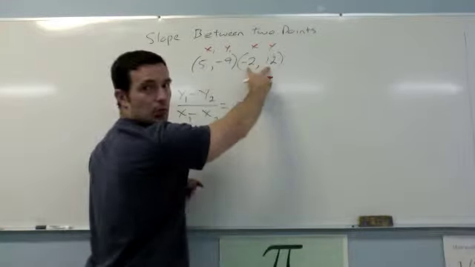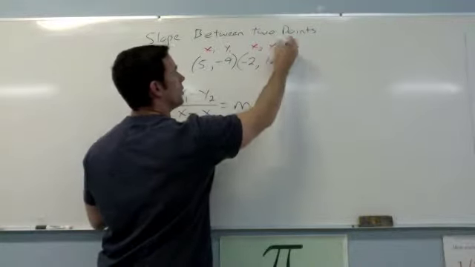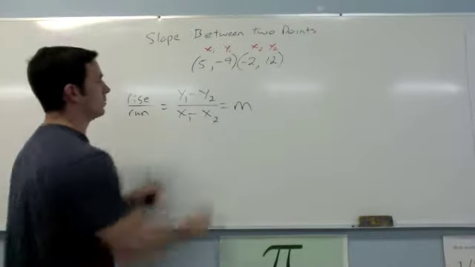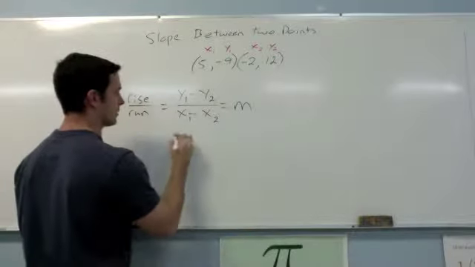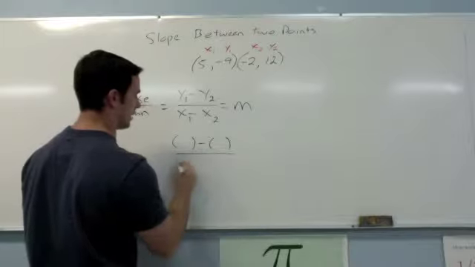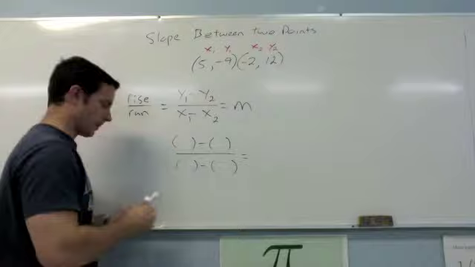Since these two belong to the second point, I'll call that x2 and y2. Okay? So, when I want to plug these in, it will look like this. y1 minus y2 over x1 minus x2. That's going to equal my slope.